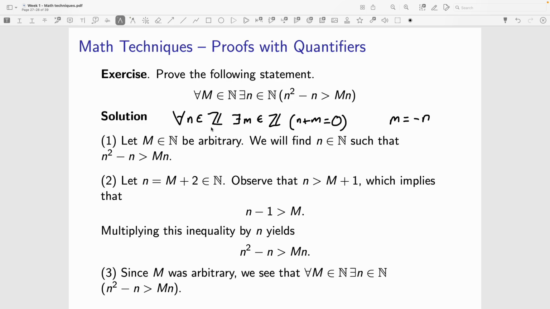Someone gives you an integer n, you know nothing about it, you can't assume anything about it, but since for all n there is an m, m can be different depending on what n is. In this case, m is the additive inverse of n. So with that out of the way, let's go back to the inequality that we're actually wanting to show.